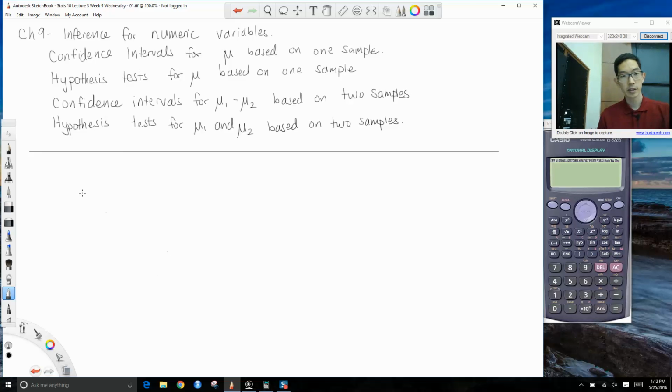Let's take a look. We have confidence intervals for mu based on a sample. In your notes, what do we put in the middle of this confidence interval?